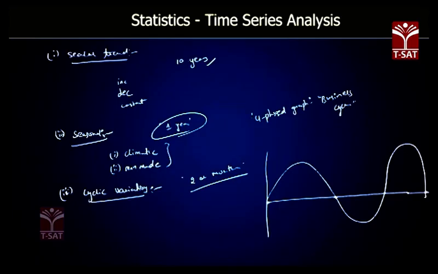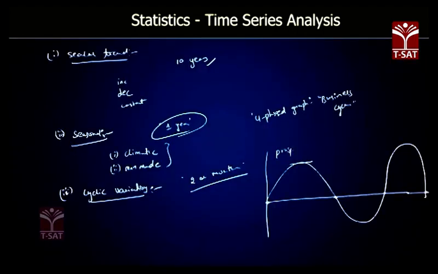Now see here, what are the 4 phases in these cyclic variations. The first phase is prosperity, that means we are at the highest stage of the sales or whatever it is. Now there is depression, that is, we are at the lowest stage of the sales.